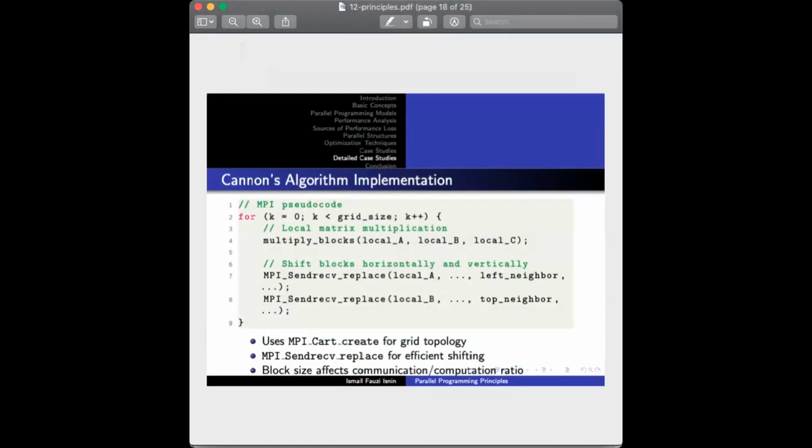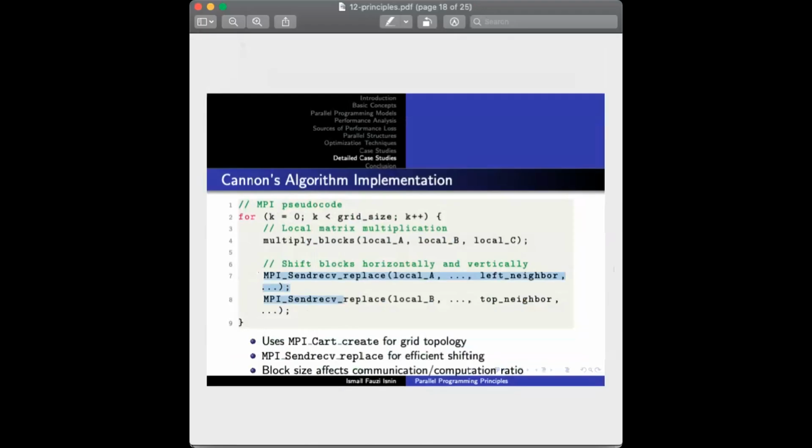Immediately following the calculation, on lines 7 and 8, we issue an optimized network call, MPI send receive replace. This routine performs a simultaneous data send and receive operation, replacing the content of local matrix buffers in place. So it automatically shifts our local A block to our left neighbor, and our local B block to our top neighbor.